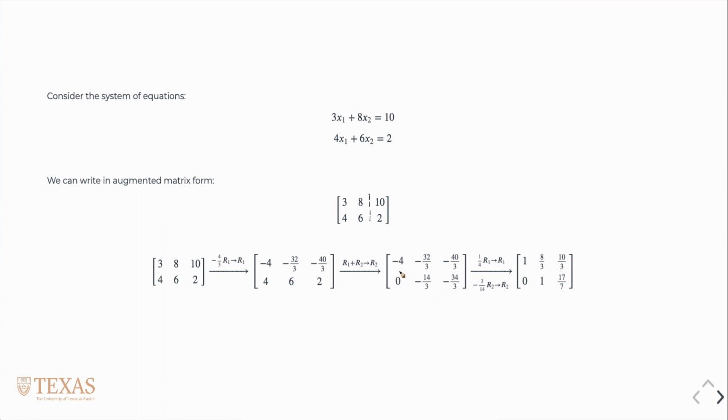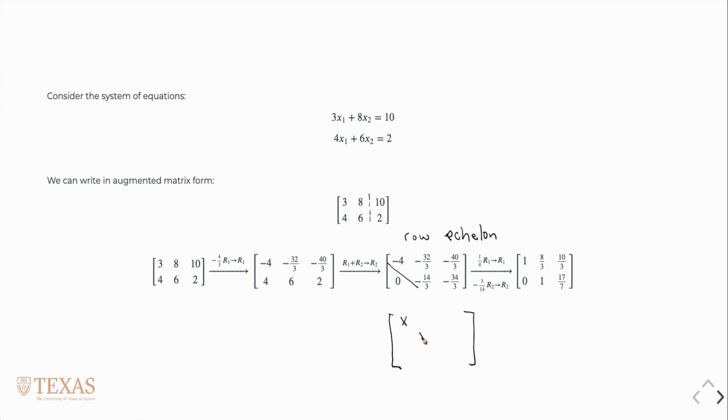Now, once the matrix is in this form, that is where all entries below the diagonal are 0, we call this row echelon form. So again, this is a simple two equation system, but it would be the same if you had say a 3 by 3 matrix.